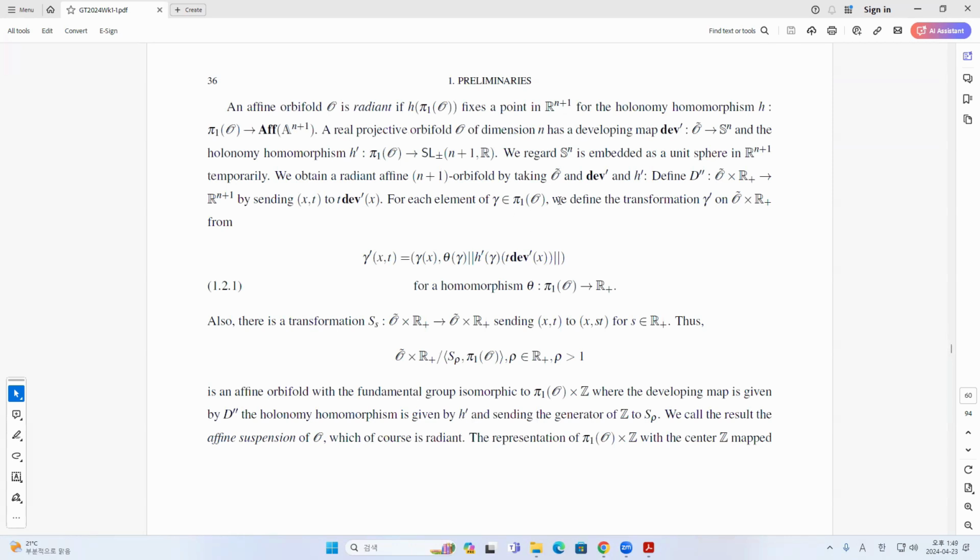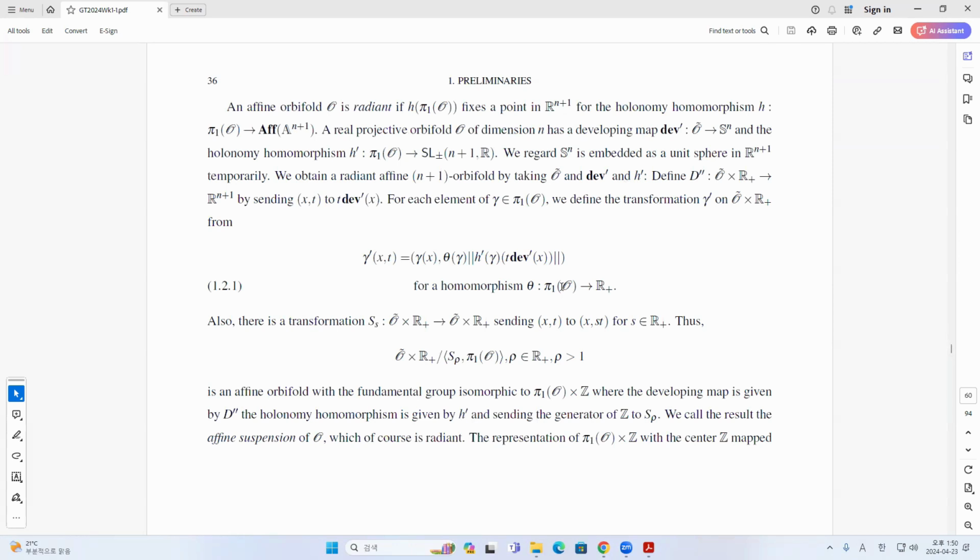For each element here we can define a deck transformation by sending it to gamma x, but you use this norm, which is given by h times t dev x, and then the homomorphism going to R plus. Okay, so there's a choice here, so you can use many types of theta.